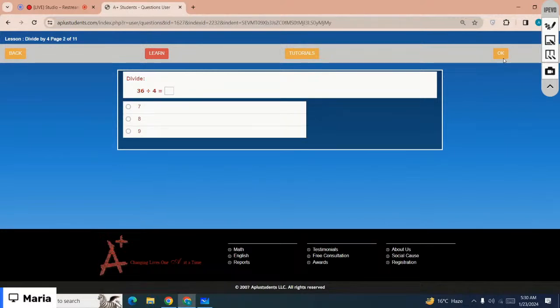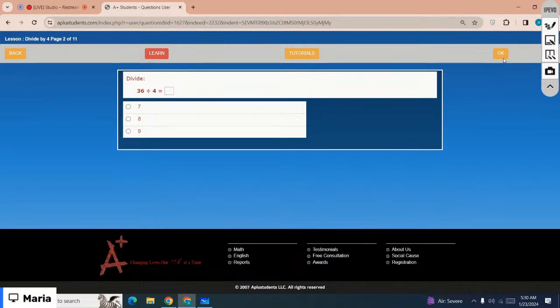The next one is 36 divided by 4. You need to count a table of 4 until 36. So 4 times what number is 36?